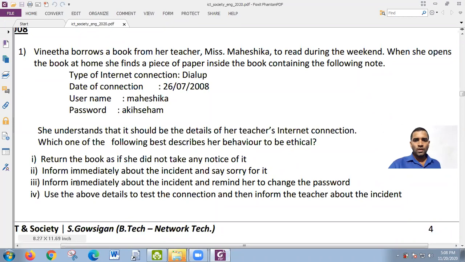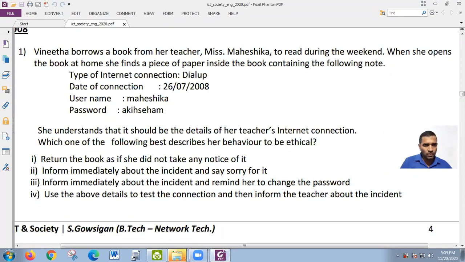Next one. Inform immediately about the incident and remind her to change the password. That means remind the teacher to change the password. This may be the appropriate way, because by accident Vinitha read this vital, sensitive information. As soon as she read it, she has to inform the teacher about that incident and request the teacher to change the password.